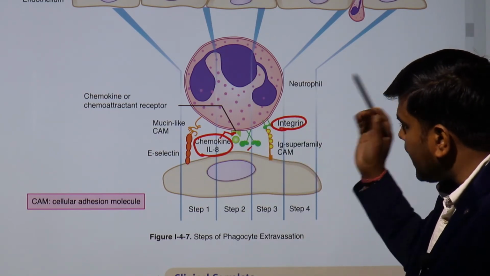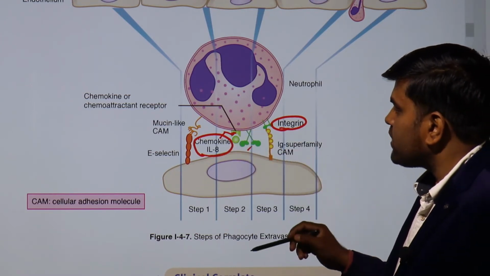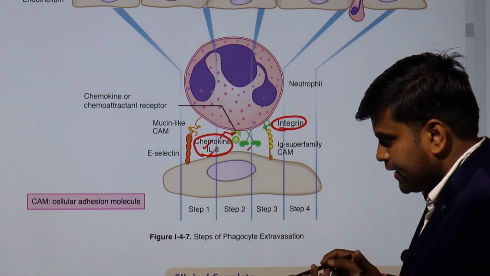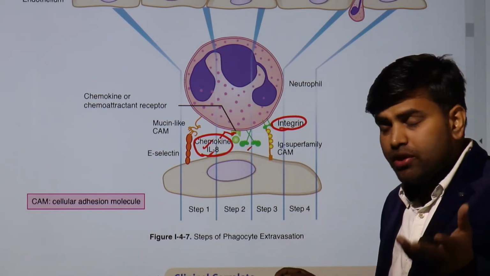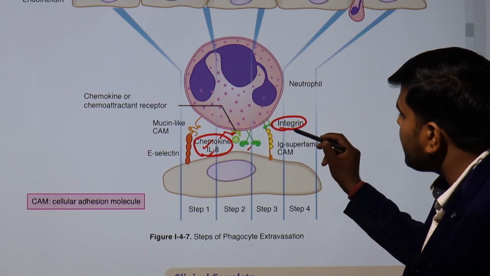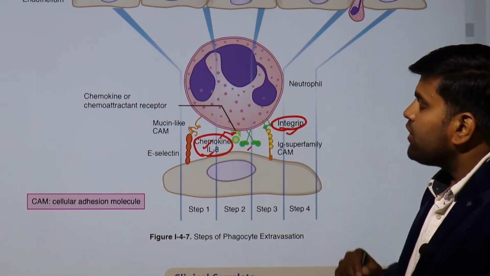So for tight binding, the chemokines will come to the phagocytic cell: interleukin 8, then the C5a, or also the leukotriene B4. This will cause a configurational change in your neutrophil, and integrin will be developed on the neutrophil.